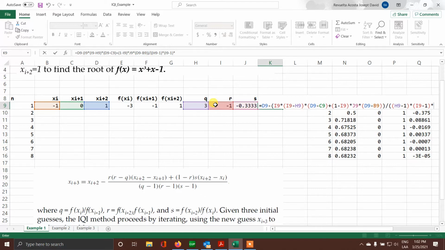And then we have this value. So if you see, the same value we had previously here.